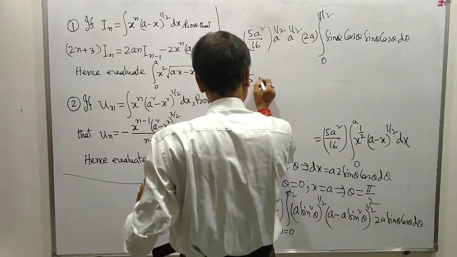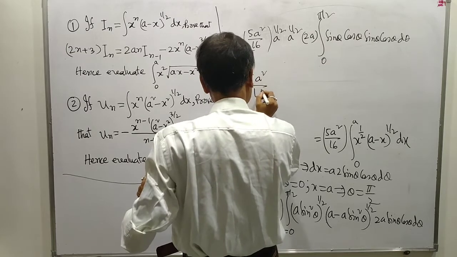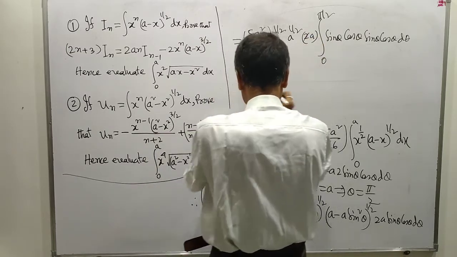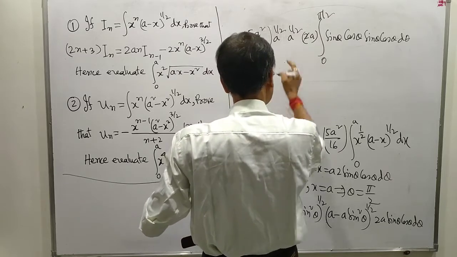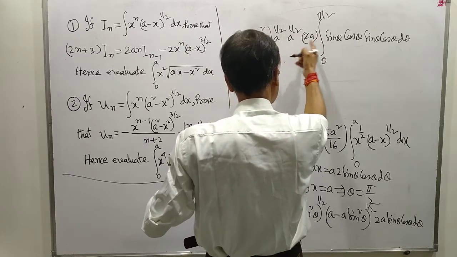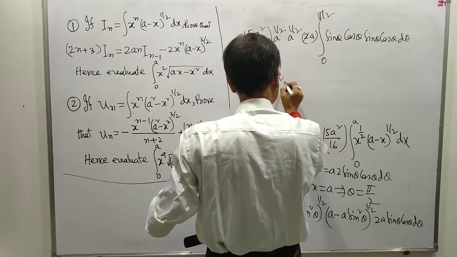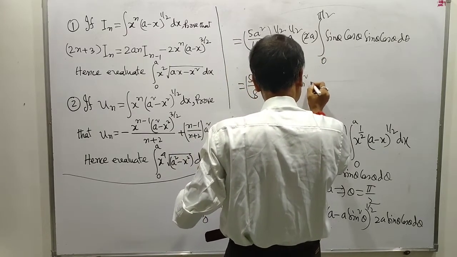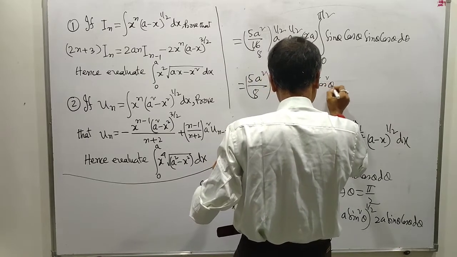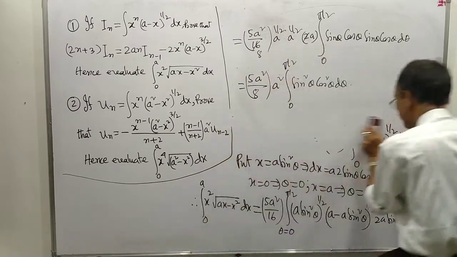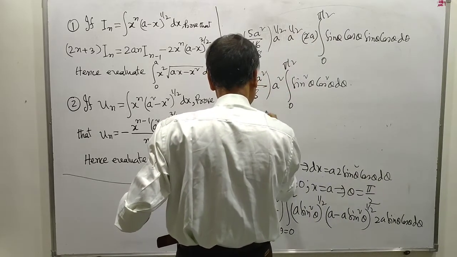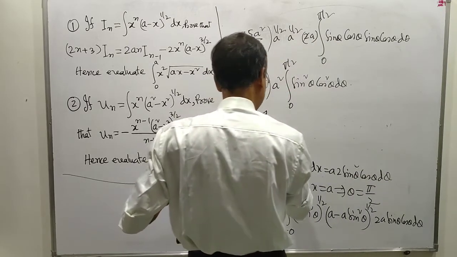This is equal to 5 a square divided by 8, a to the power, this is a into a, again a square, integration 0 to pi by 2 sin square theta cos square theta d theta. You will get this. This is equal to 5a to the power 4 divided by 8.